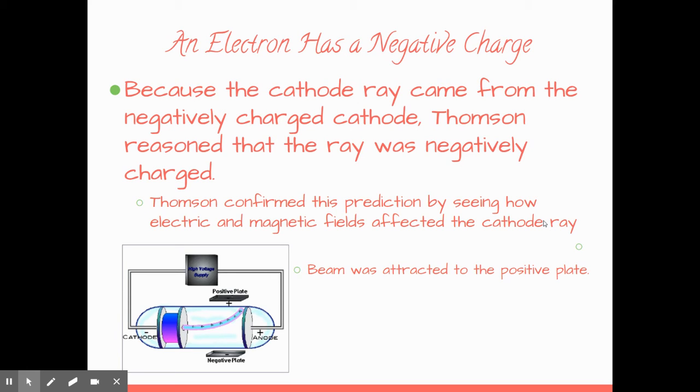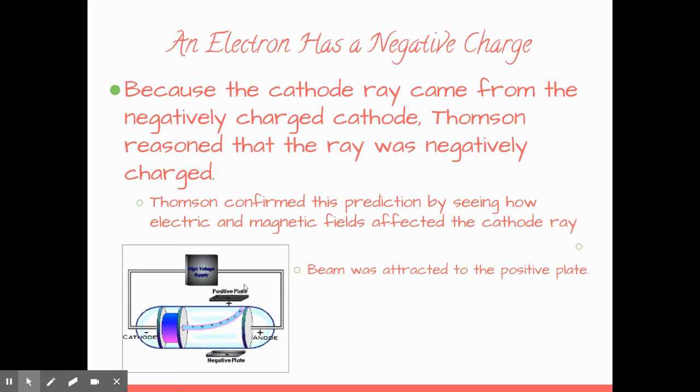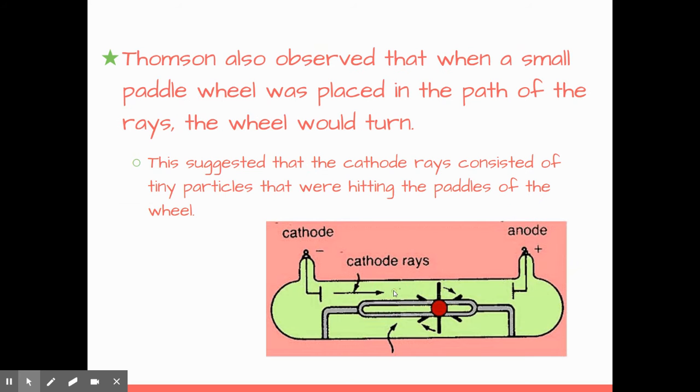And so the cathode rays were negatively charged, and Thomson determined this because they were attracted to positively charged electric fields, and they were also attracted to magnets. And so he determined that the beam was made up of charged particles.